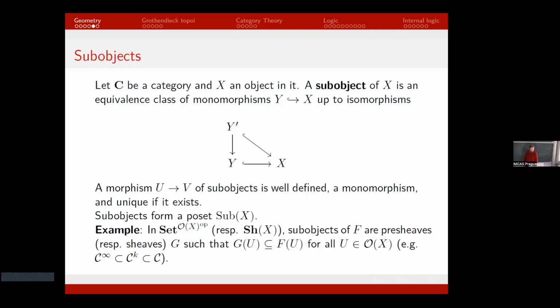Okay, an example. If we take the category of presheaves or the category of sheaves, we can identify each isomorphism class with a subsheaf, which means for every object U, G(U) is a subset of F(U). So in every component, it's a subset. That's what it means.